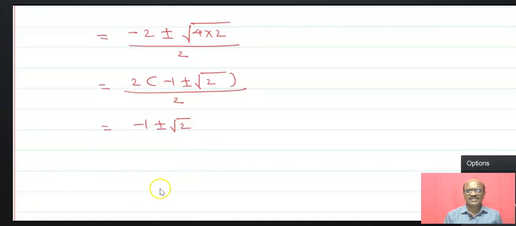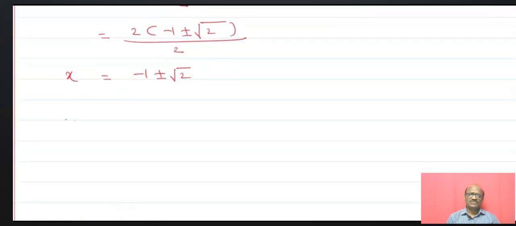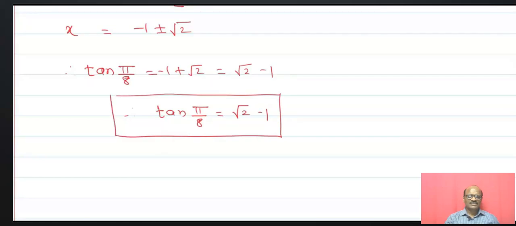These two get cancelled, you will get minus 1 plus or minus root 2. But our trigonometric function lies in the first quadrant, so it is positive. That's why tan of pi by 8 is equal to root 2 minus 1, and hence the result.